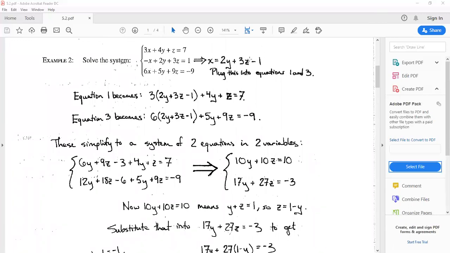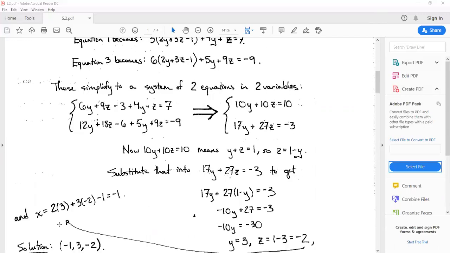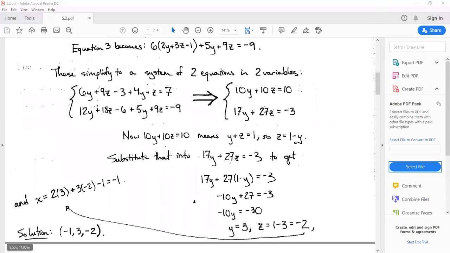Well, now I know y and z, so I can solve for x. x will be 2 times 3 plus 3 times minus 2 minus 1, which gives us 6 minus 6 minus 1, which is minus 1. So then the solution is the triple x equals minus 1, y equals 3, and z equals minus 2.